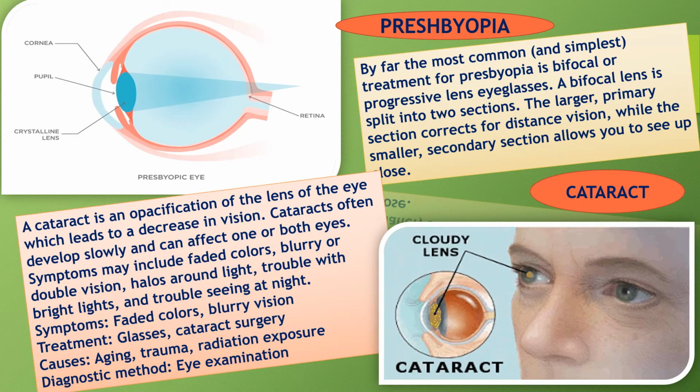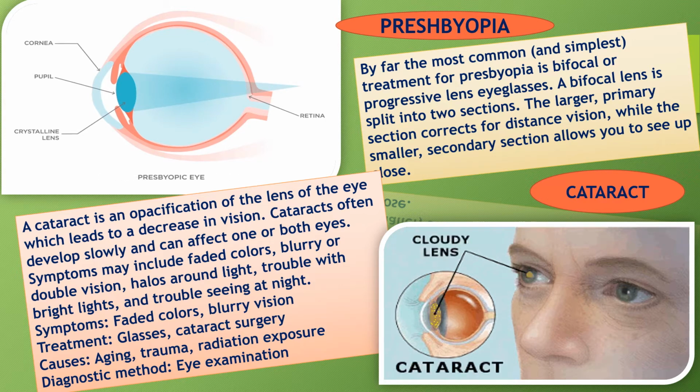Presbyopia. This is also a type of eye disease or eye problem, you can say. By far the most common and simplest treatment for presbyopia is bifocal or progressive lens eyeglasses.